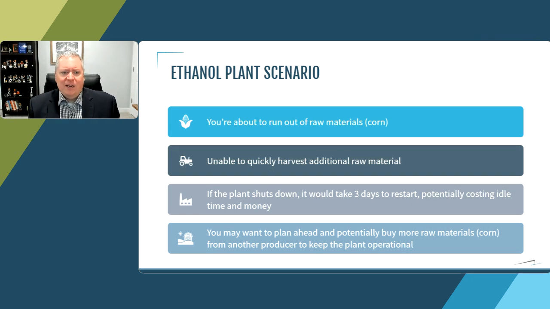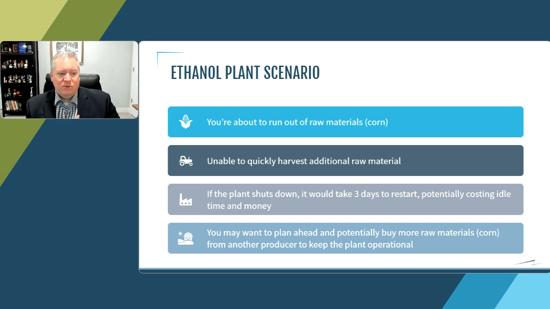We're going to look at an ethanol plant, and barring some kind of miracle, and being able to plant, grow, and harvest an entire crop in the span of a few days, ethanol plants sometimes have to look to outside resources. While they would typically just produce what they have and distribute those finished goods from there, if they run out of a raw material, in this instance corn, it could mean an opportunity and a real cost to shut down that facility.